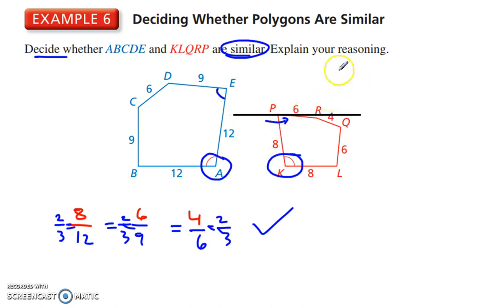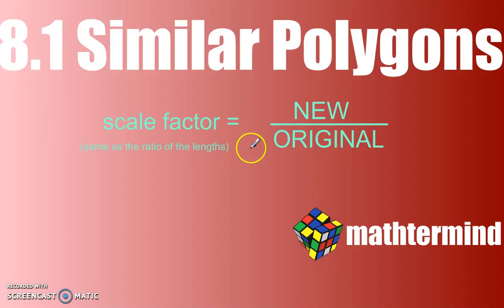And therefore, these are not similar because corresponding angles are not congruent. That's all we have for this lesson. Remember, scale factor is new to original, which is the same as the ratio of the lengths.